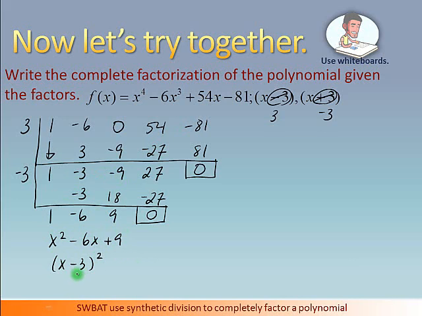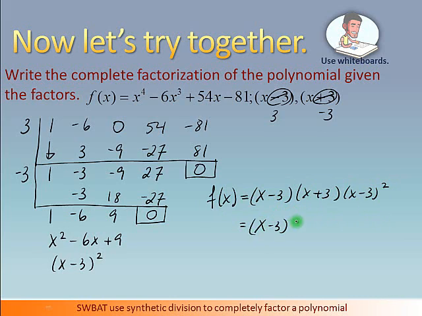So we put all our factors together, the one we just discovered, along with the original 2, that gives me the complete factorization. x minus 3, x plus 3, x minus 3 squared. But if you look closely, I have an x minus 3 here, x minus 3 squared. So we're going to rewrite that as x minus 3 cubed, x plus 3. So this would have a multiplicity of 3.